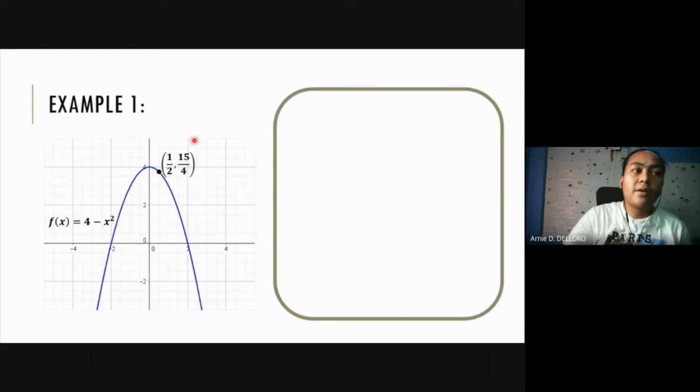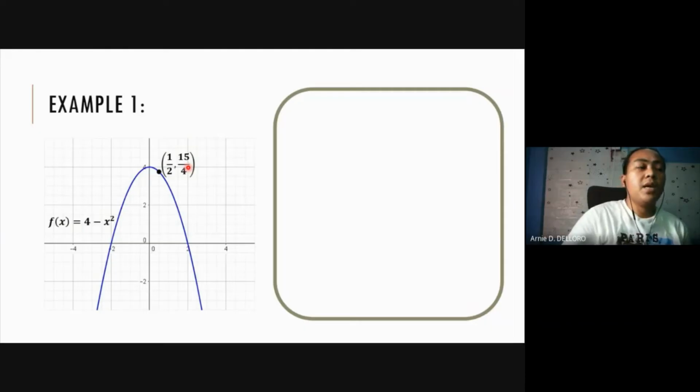In this ordered pair, di ba itong 1/2 yung x coordinate natin. So in this case, the limit of the function 4 minus x squared as x approaches 1/2 is equal to 1. Okay? And in this case, in this ordered pair, yung L natin from the formula that we have presented a while ago is actually 15 over 4.